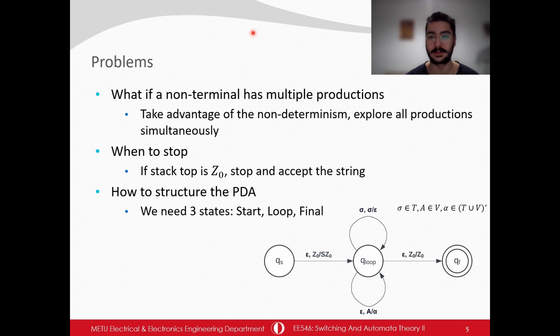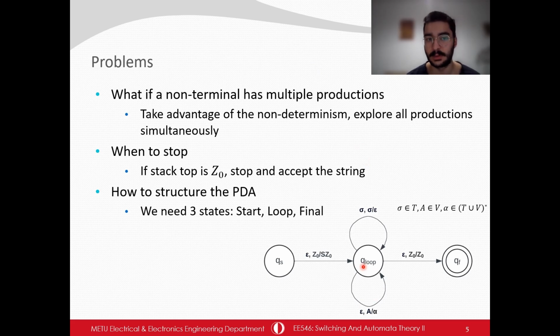So you might have some problems with this approach, like what if a non-terminal character has multiple productions? Then we take advantage of the non-deterministic behavior of the PDA. The popping and pushing of a production rule corresponds to a single transition in the NFA.